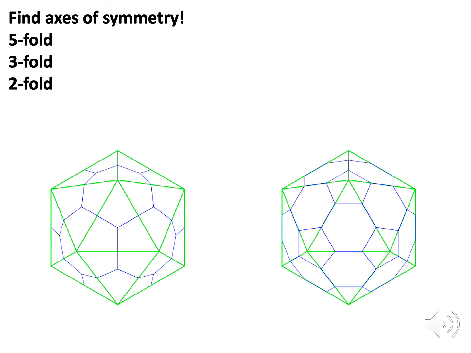And so we might have to do this together because it's hard for this to be translated appropriately to a voiceover. But you can see in each of these, you should be able to find the 5-fold vertices where the big triangles, 1, 2, 3, 4, 5 of the 20 triangles, come together in a point. And you should also see those triangles, the green outlined triangles, and in the middle of that triangle is a 3-fold axis of symmetry.